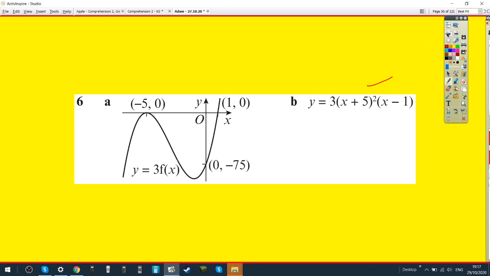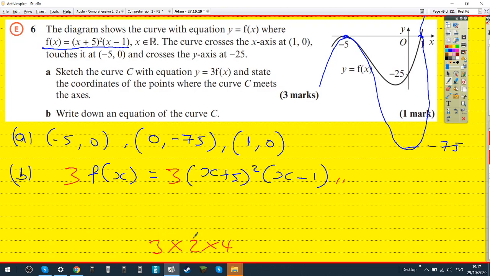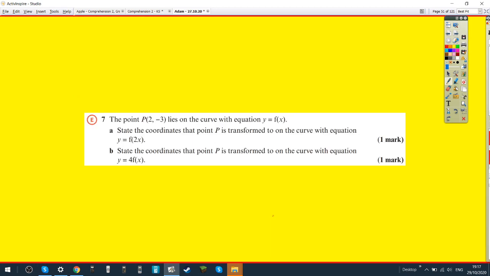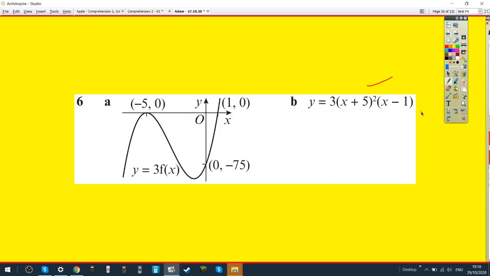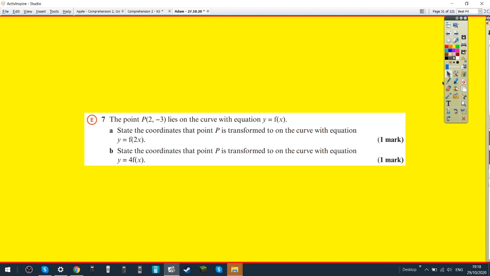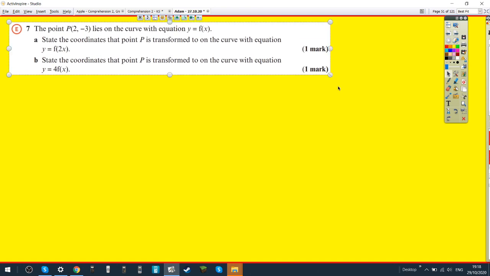No. If you did 3 times 2, you'd get 6, and 6 times 4 is 24. Or 3 times 4 is 12, and 12 times 2 is also 24. So it doesn't matter what order you multiply in. Brackets is just multiplying. Any other questions? No. So it was a stretch, scale factor 3, y direction.